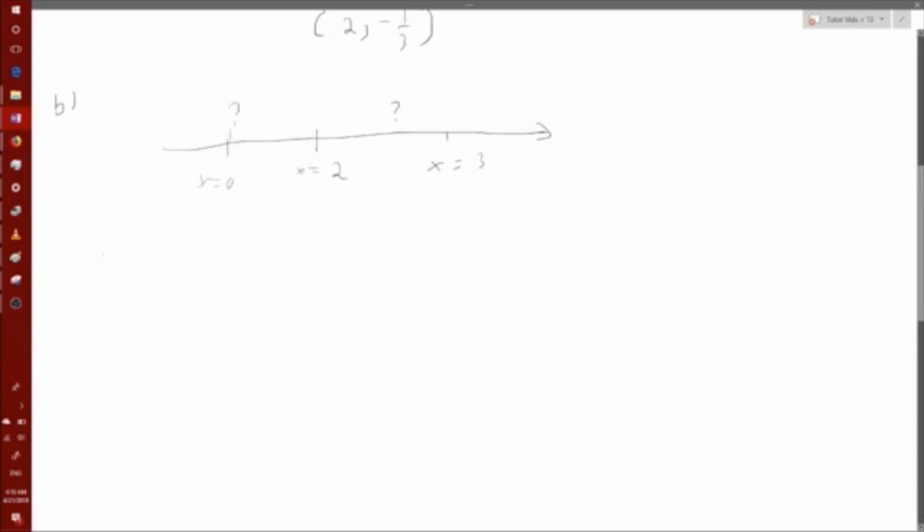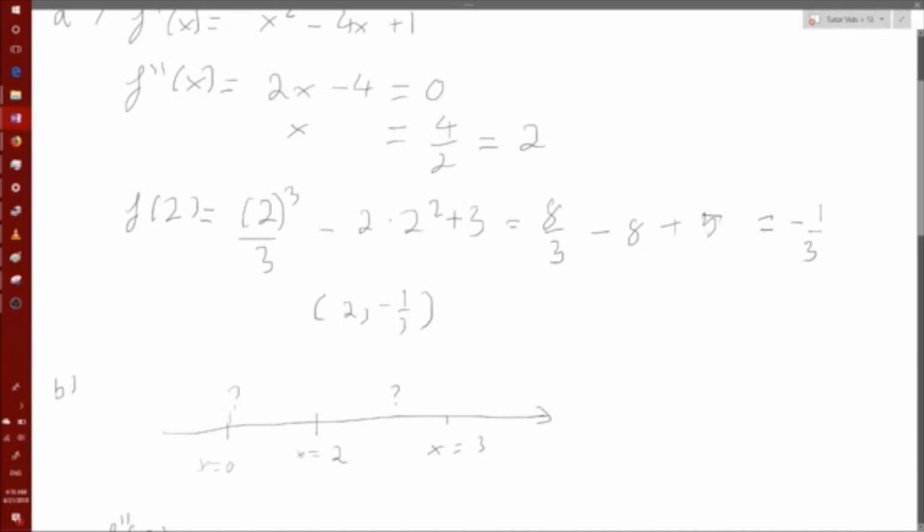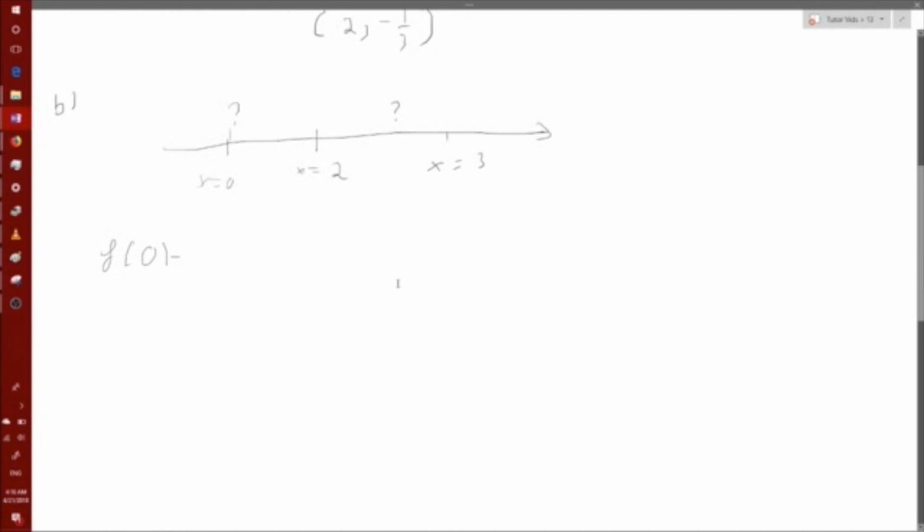So now let's plug 0 back into the second derivative of the function to find if it's concaving up or down. So f double prime of 0 would be equal to 2 times 0 minus 4.